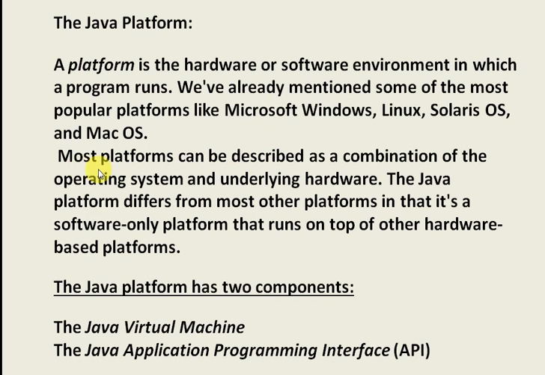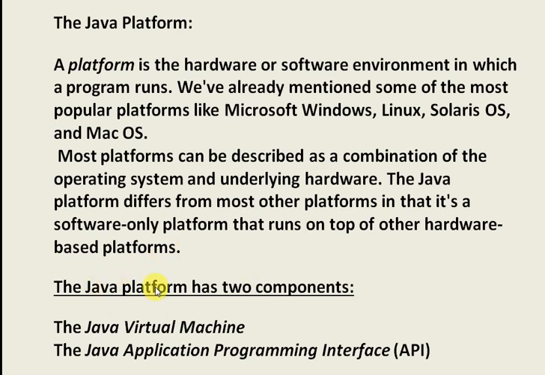Most platforms can be described as a combination of the operating system and underlying hardware, but the Java platform differs from most other platforms in that it is a software-only platform that runs on top of other hardware-based platforms. That is, it will not involve the actual hardware of the operating system.